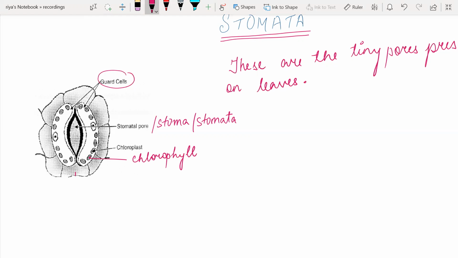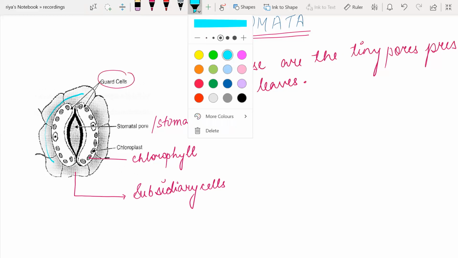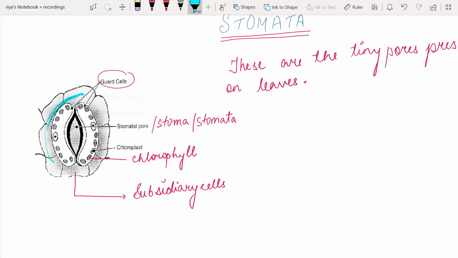Now there are different types of cells beside guard cells, and these cells are known as subsidiary cells. These subsidiary cells, as you can see in the diagram, are surrounding the guard cells.